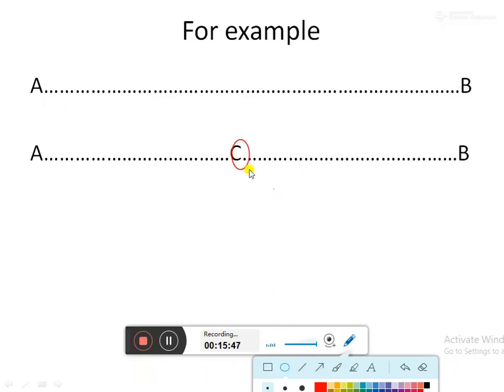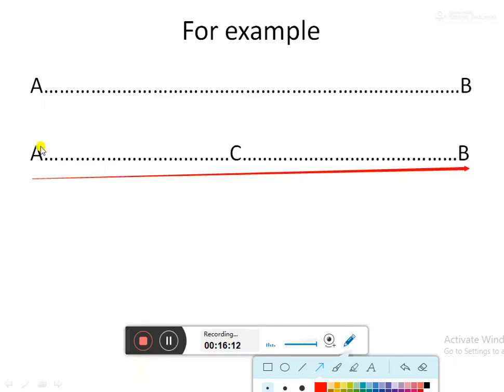that lies between point A and point B. Then how would we draw a line that represents the minimum distance between point A and point B? The simple process would be like this.